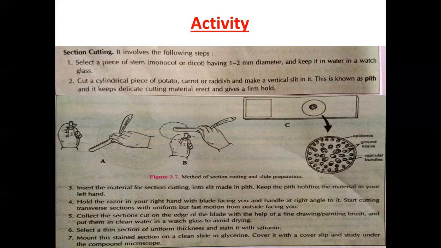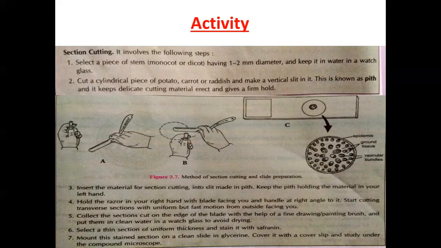Select a piece of stem, monocot or dicot, any, having 1 to 2 centimetre diameter, and keep it in water in a watch glass. Second point, cut a cylindrical piece of potato, carrot or radish and make a vertical slit in it.